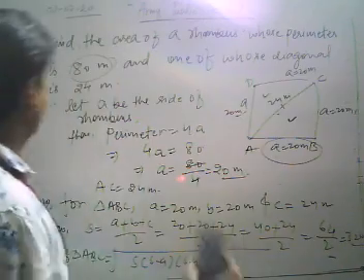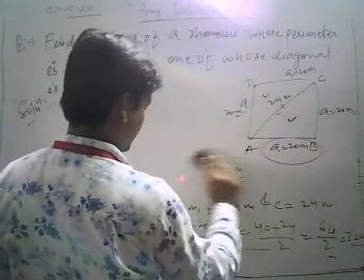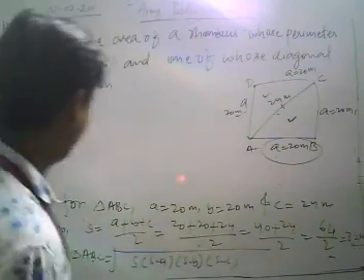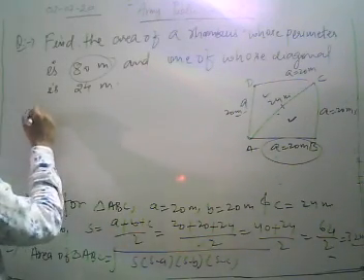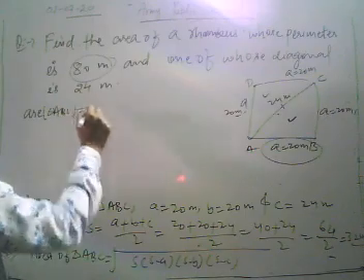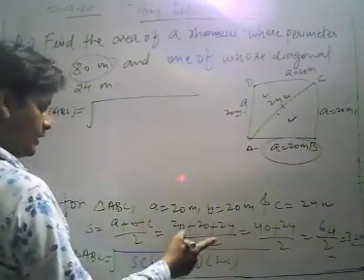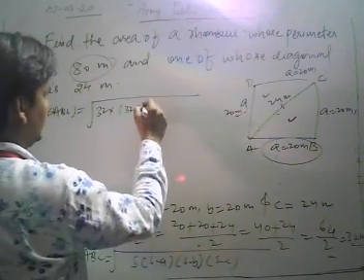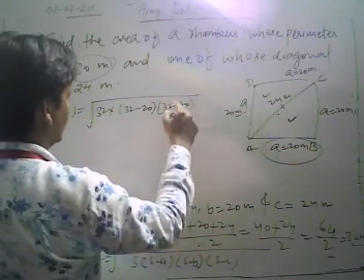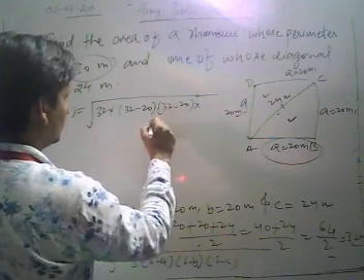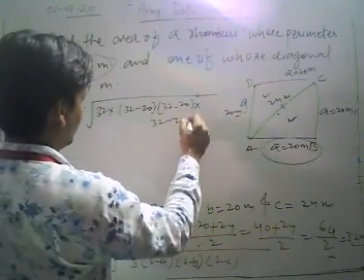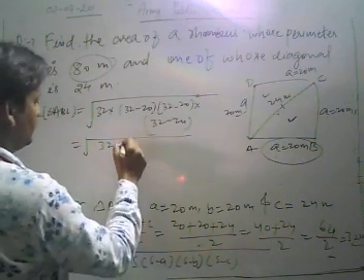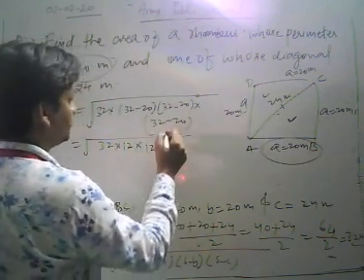So area of triangle ABC is equal to, the value of s is 32. 32 minus a means 20, 32 minus 20, that is 12. Then 32 minus 24, that is 8.